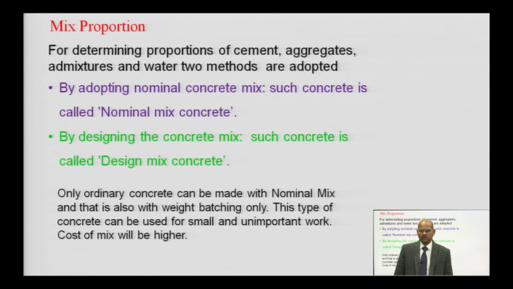Now, the mix proportion. Suppose you see the mix proportion here. For determining the mix proportions of cement, aggregate, admixture and water, two methods are adopted. First is by adopting nominal concrete mix. Such concrete is called nominal mix concrete.